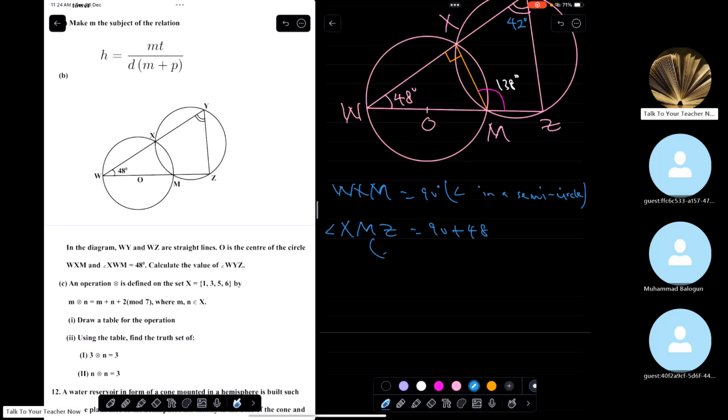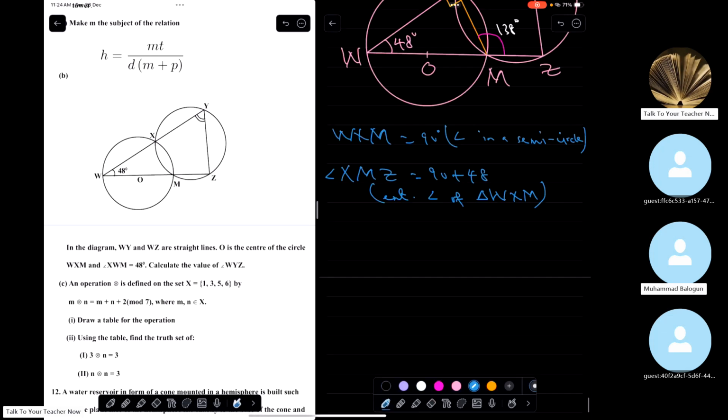The reason for that is exterior angle of triangle WXM. Or if you like, you can say exterior angle of a triangle equals sum of opposite interior angles. So that means angle XMZ equals 138 degrees.